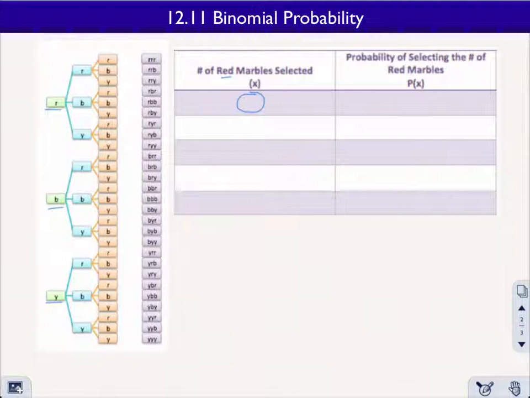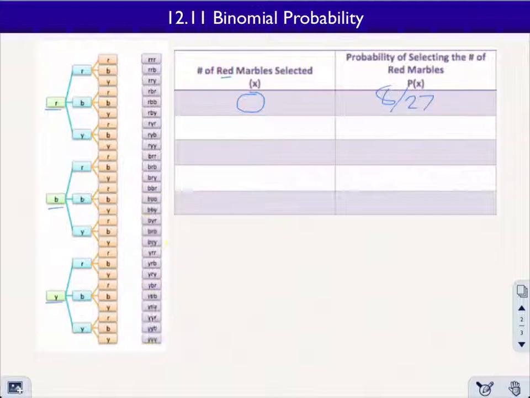So looking at this, what's the chance of getting exactly 0 red marbles? Well, we want all the ones that don't have red in it. So there's one, there's one, there's one, there's one, there's one, there's one, and there and there. And so if we add this up, looks like I have 2, 4, 6, 8. So that's going to be 8 out of 27.